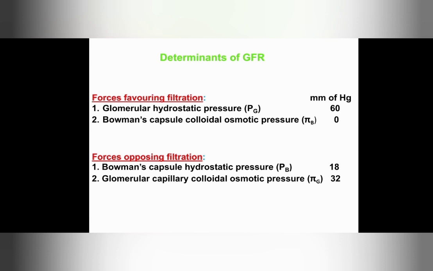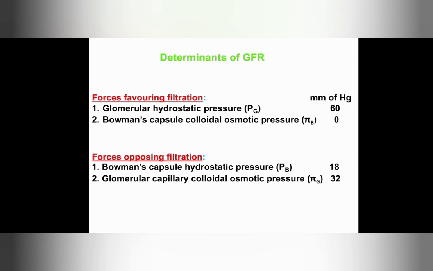Let me repeat again. The forces favoring the filtration are glomerular hydrostatic pressure, the amount is 60 mm of mercury, and Bowman's capsule colloidal osmotic pressure, the amount is 0 always.